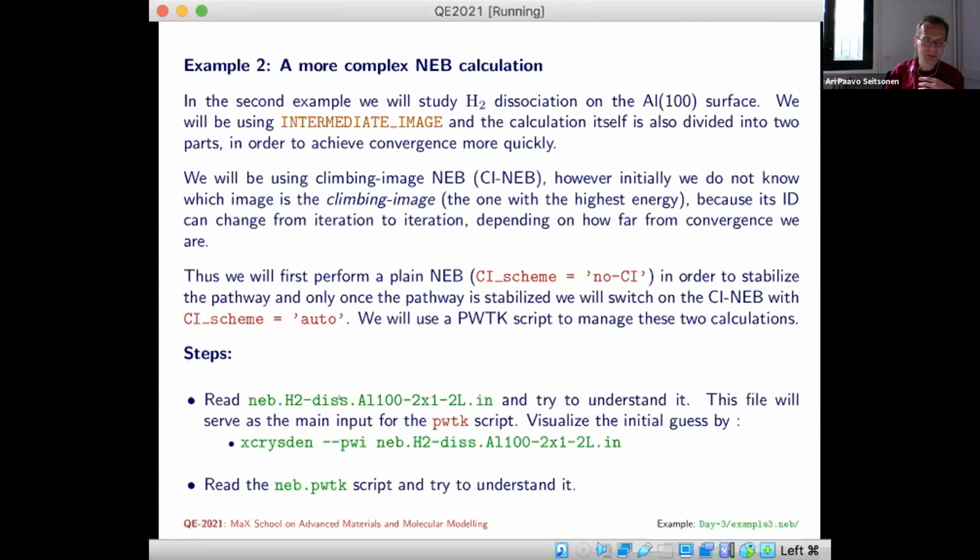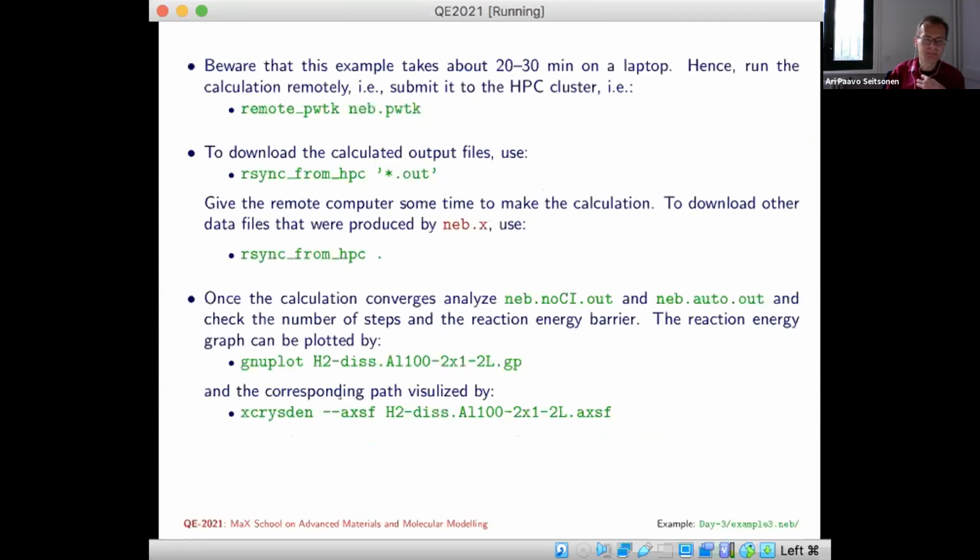And then there's the PWTK script, and the commands on how to run this example also remotely. And then you will plot this potential energy surface again, and you can visualize the intermediate ones. So you will see what happens chemically.